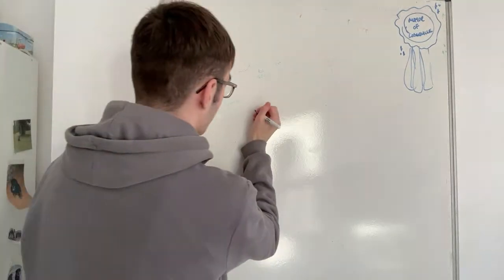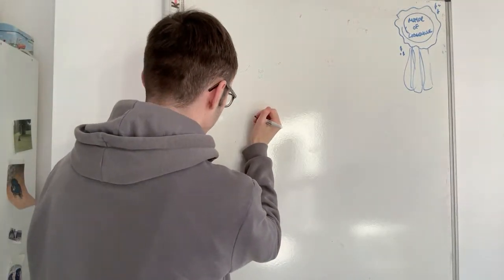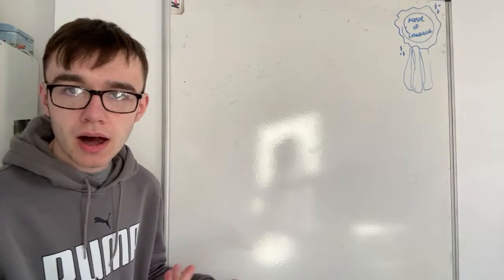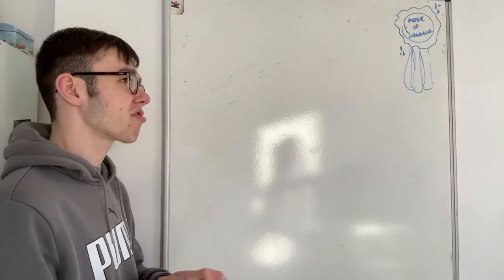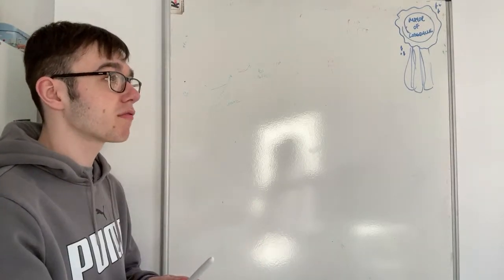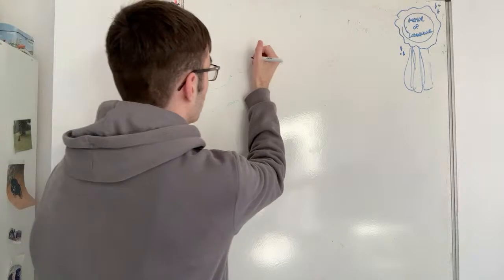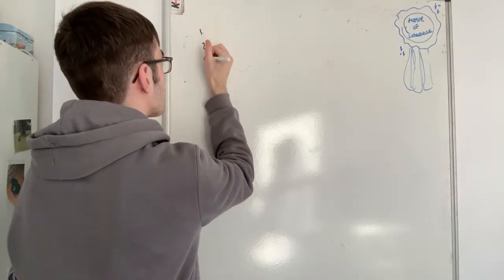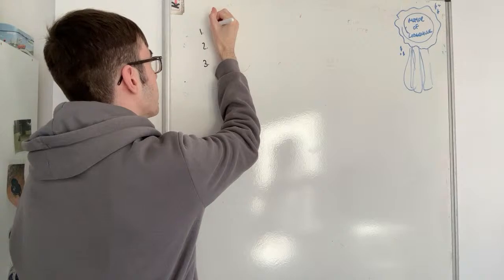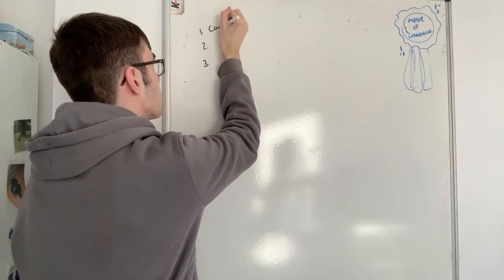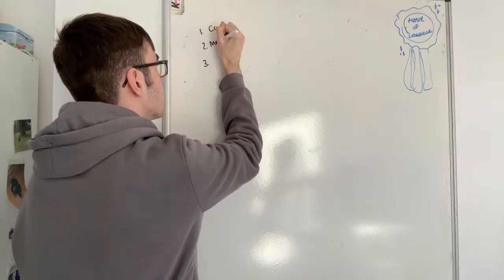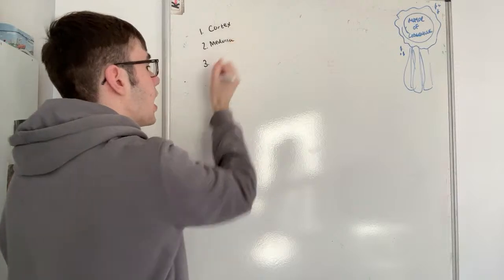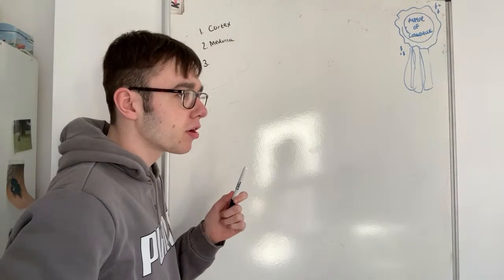So the kidney nephron. Firstly, I guess it's important to understand the parts of a kidney. So what we have, starting from the top, is the cortex, the medulla, and then I forget what you call it.